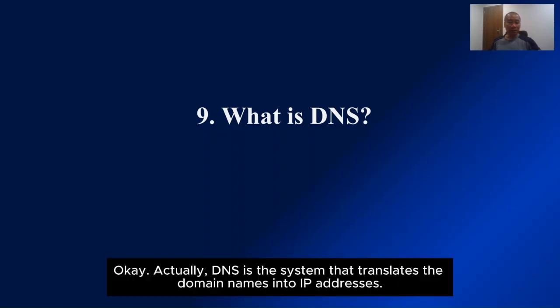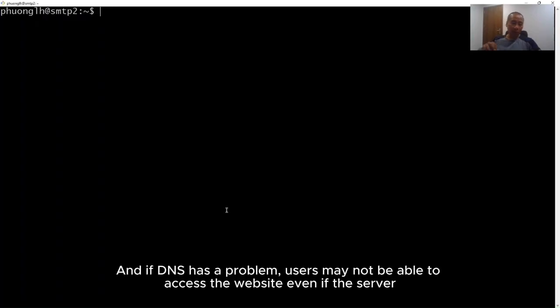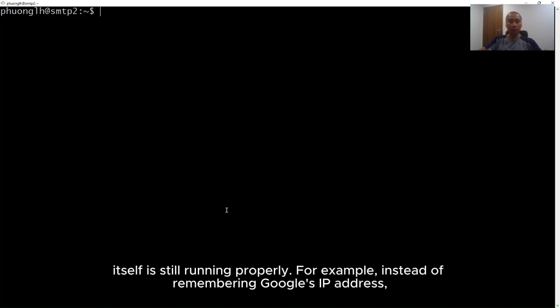Actually, DNS is the system that translates domain names into IP addresses. If DNS has a problem, users might not be able to access the website even if the server itself is still running properly.